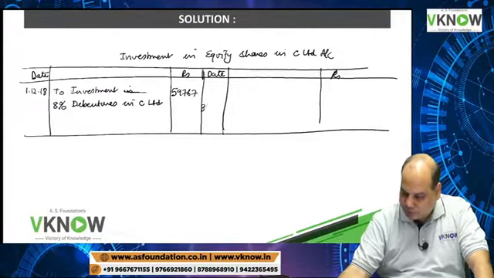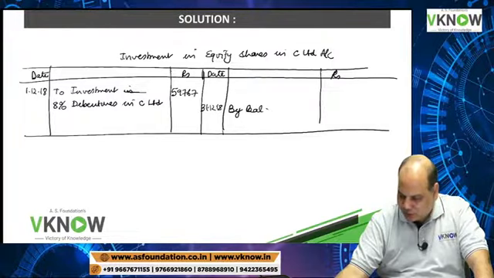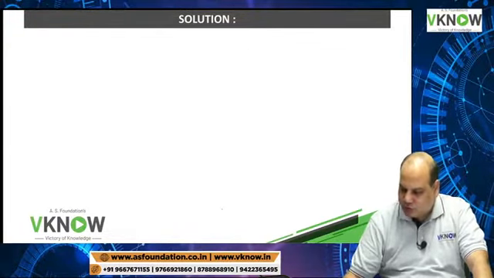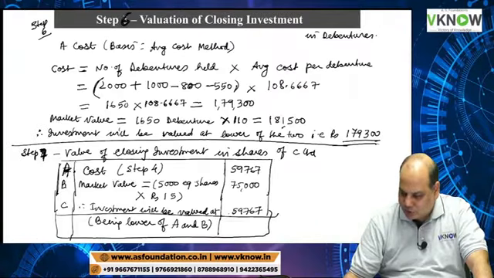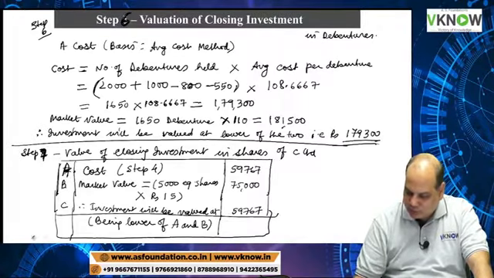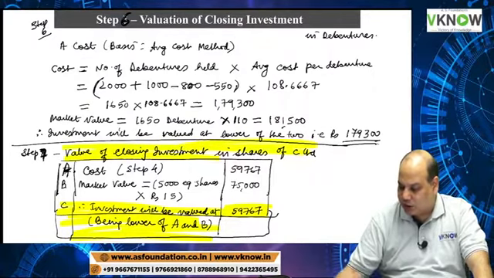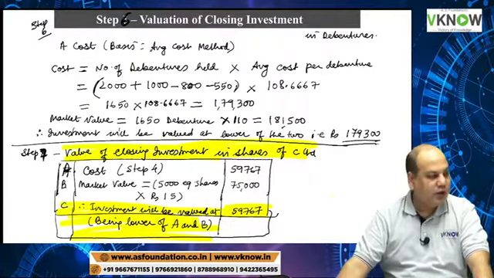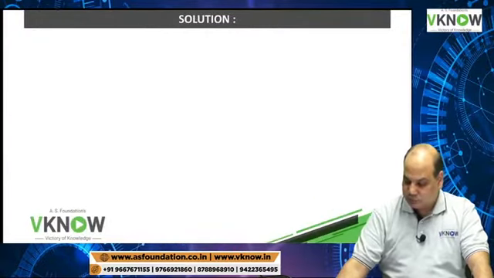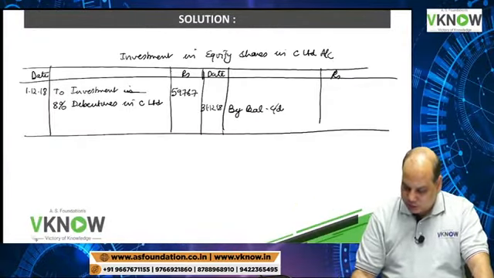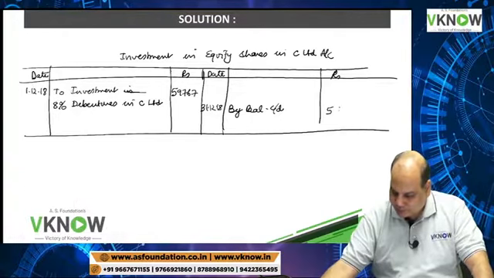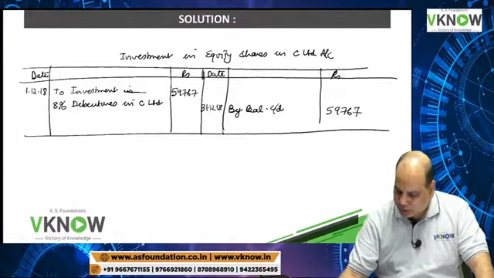And 31st December 18, by balance carried down. Again we'll have to go and check the last step which we have prepared. 59767 is the value of closing investment in share because it is below the market value. So 59767 by balance carried down. No further action required.